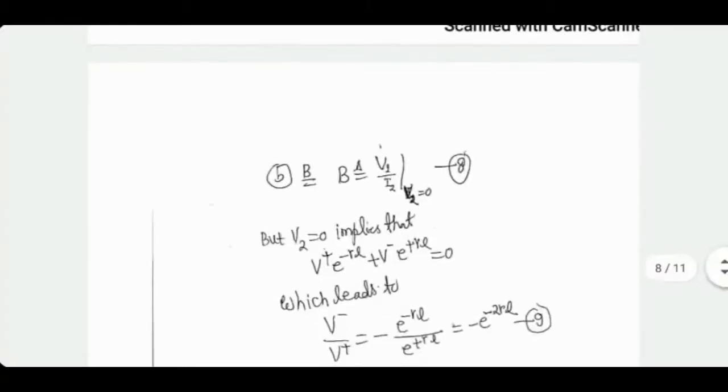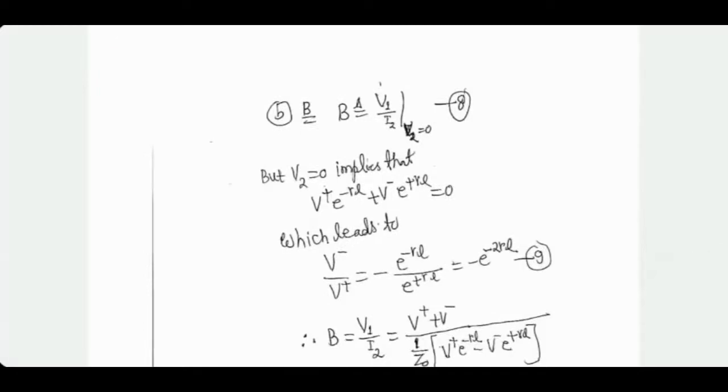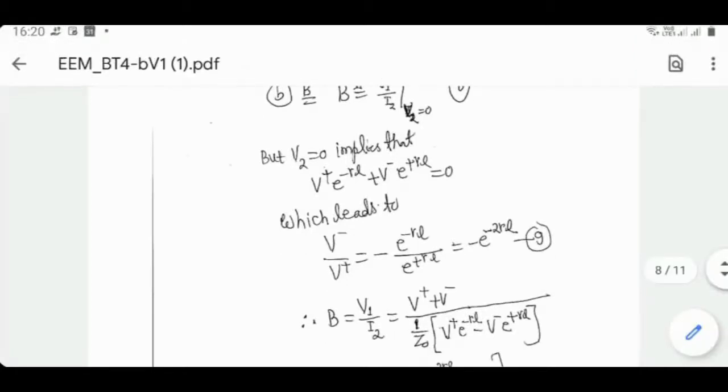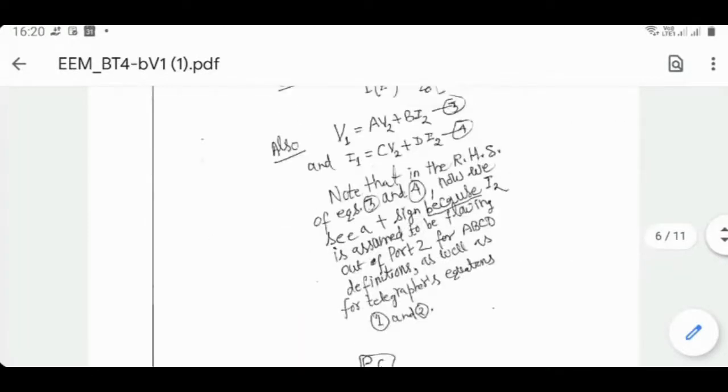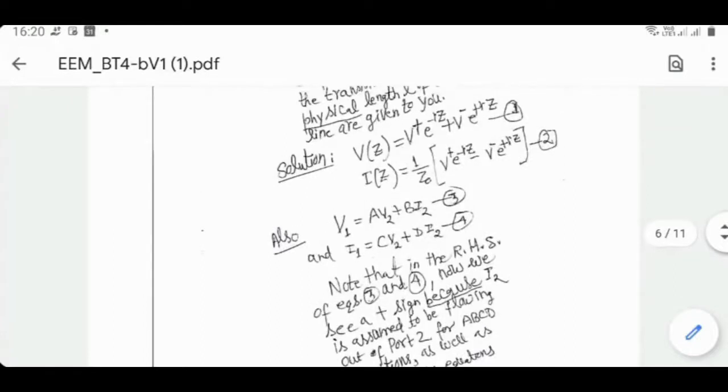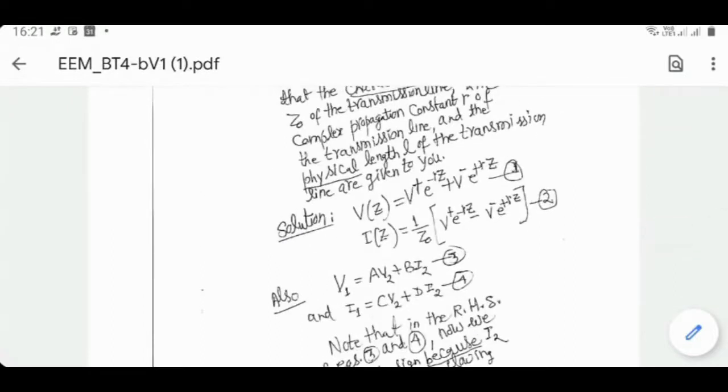And now similarly, let's go for B. B is V1 divided by I2 when V2 is 0. And V2 equal to 0, we have also already done this in other problems. It gives V minus upon V plus. No, actually, we have not done this in the previous problems. Yeah. V2 equal to 0 essentially means putting in equation 1, small z equal to small l, and equating the result to 0.